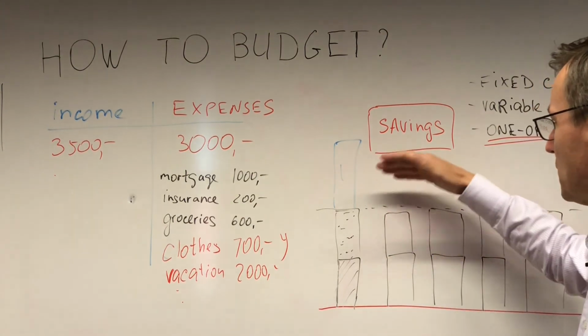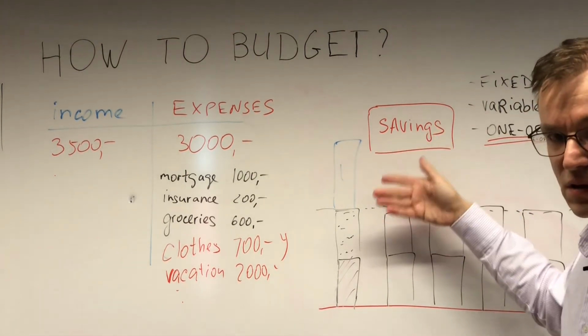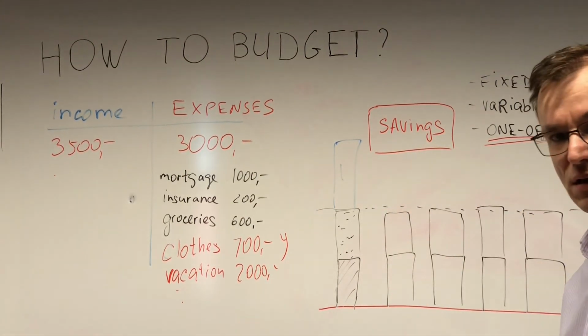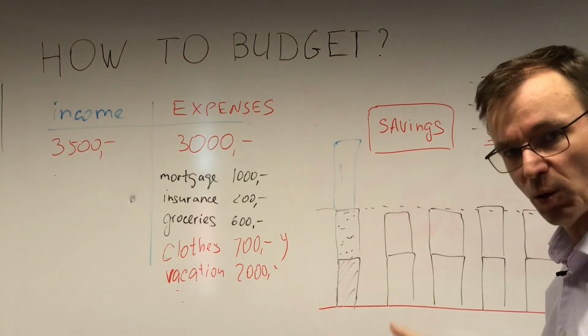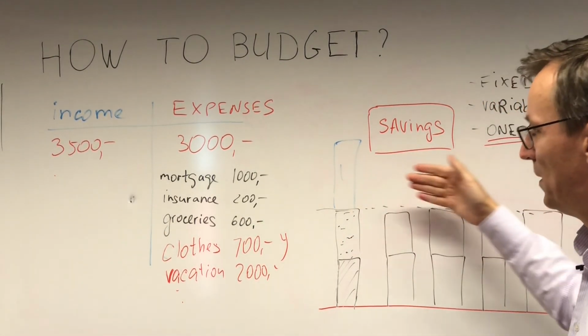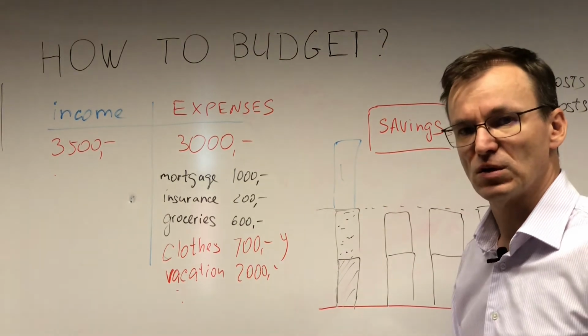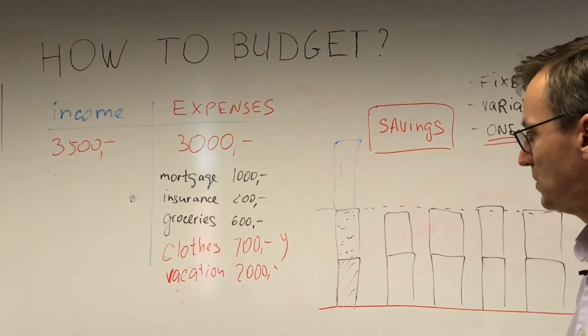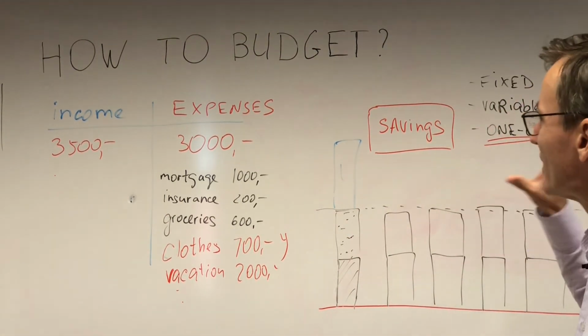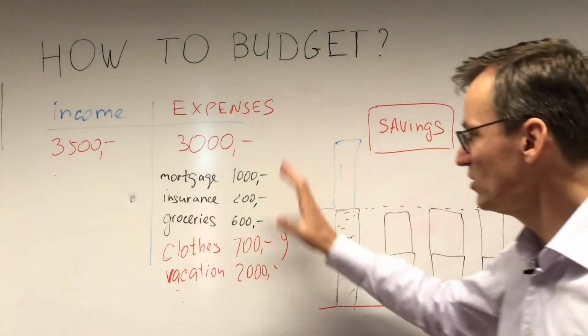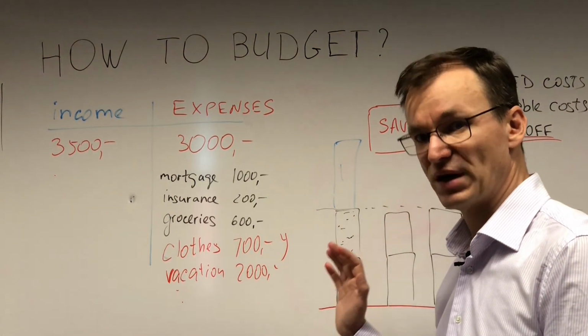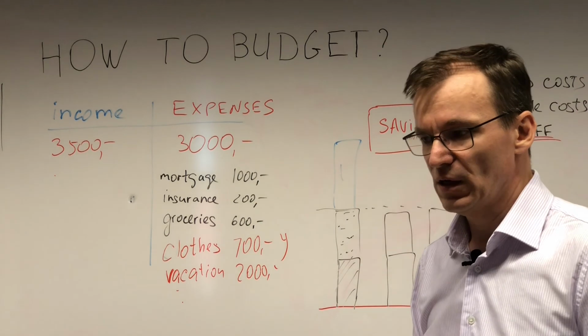Then you have to account for this category. So those two you always need, but this one, maybe some of them you can postpone or put on pause, but not that much. You still need to make it part of your budget. You cannot avoid it, right?